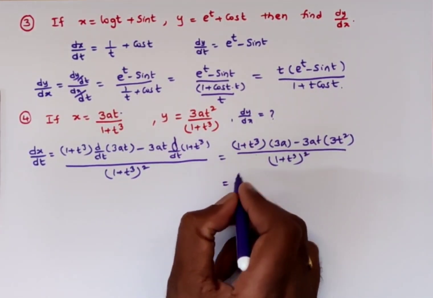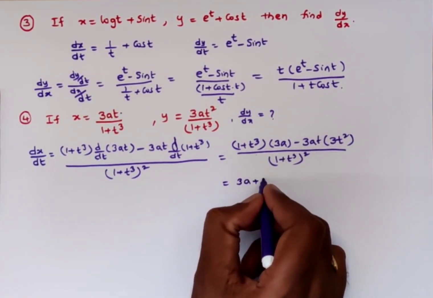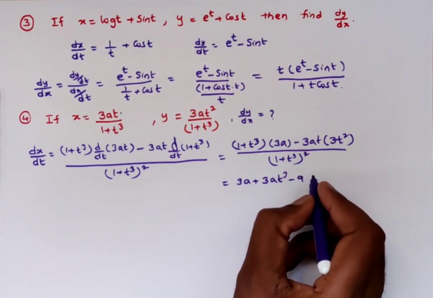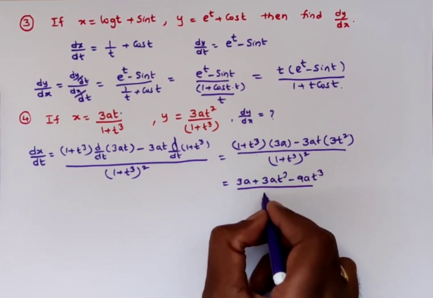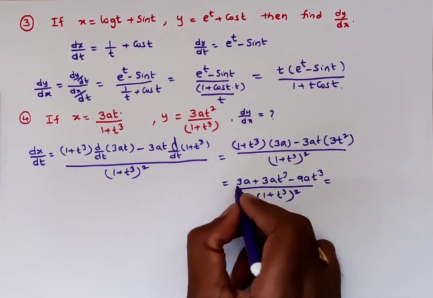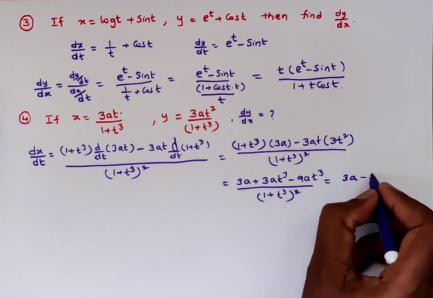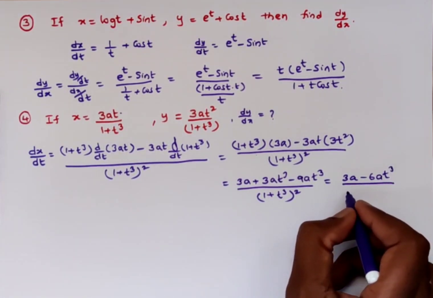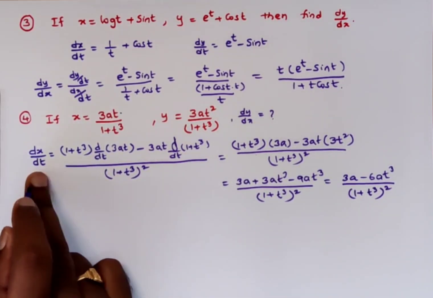So this is equal to 1 into 3a, that is 3a, plus 3a t cube minus 3 into 3, so it is 9 into a into t cube, divided by 1 plus t cube whole square. Now finally this is 3a minus 6a t cube divided by 1 plus t cube whole square, right? So dx by dt value is this one.